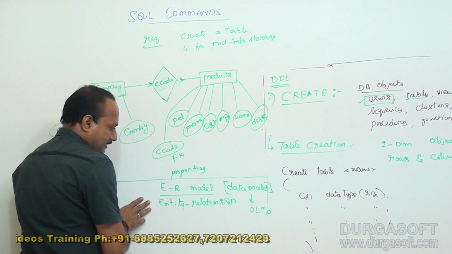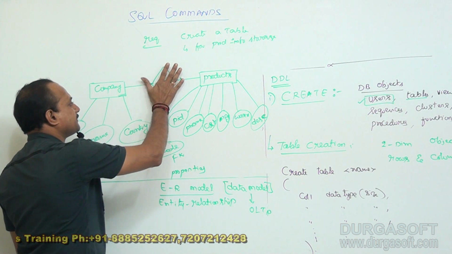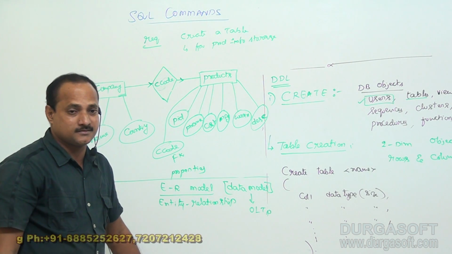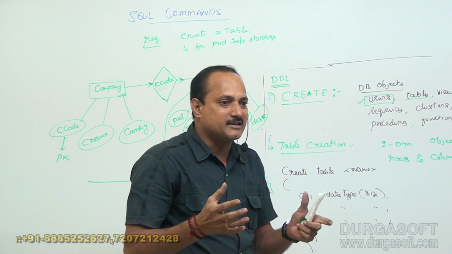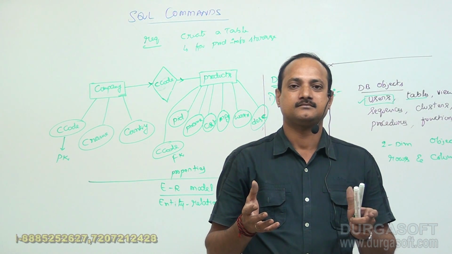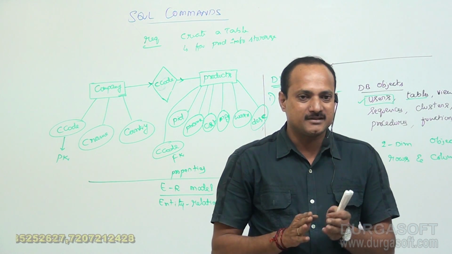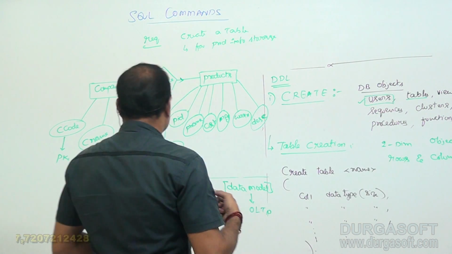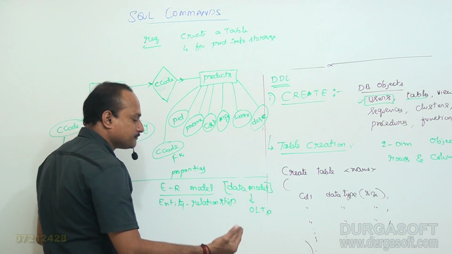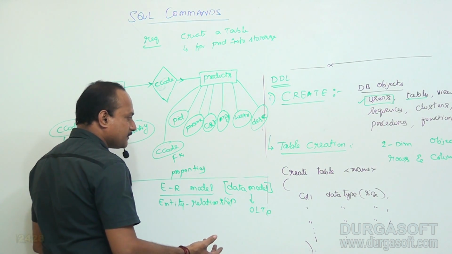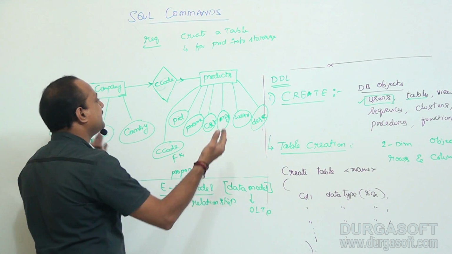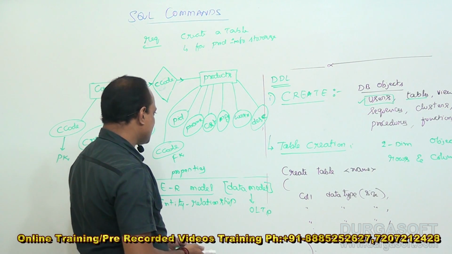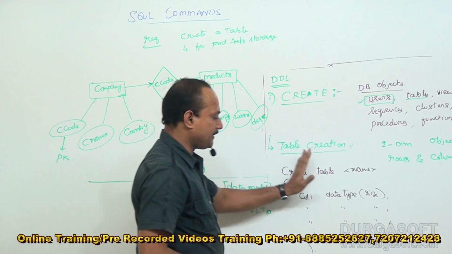So the ER model is a pictorial representation of database objects and their relations and their activities. Based on the ER model, we need to implement development of the tables, entering data into the tables, maintaining column names, maintaining relations between the objects. This is the way we have to start the creation of the table.